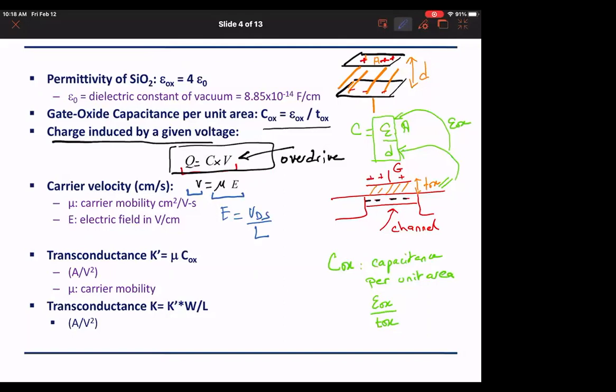First, the channel forms from the gate voltage, and then the electric field due to VDS causes the carriers to start to move and create the current.